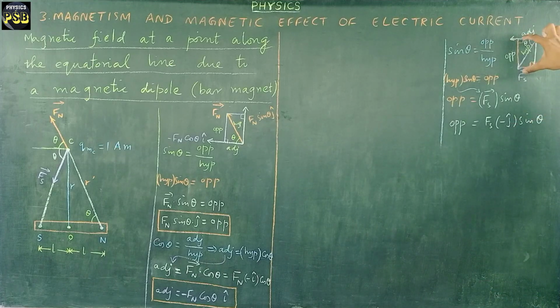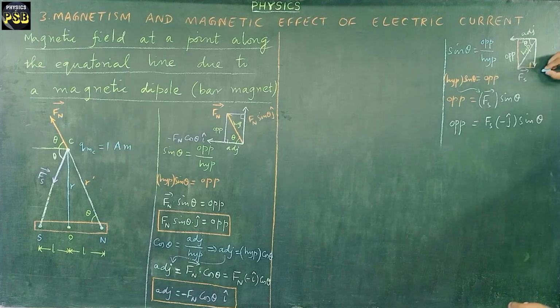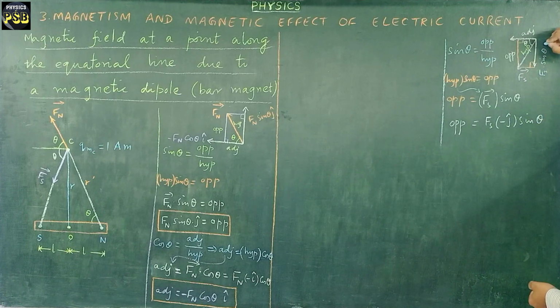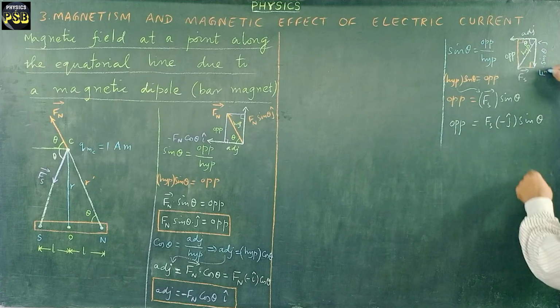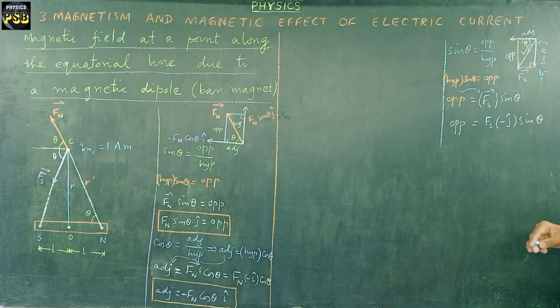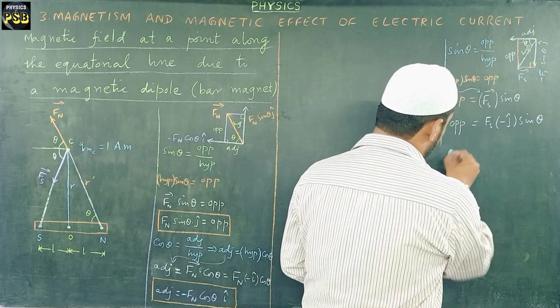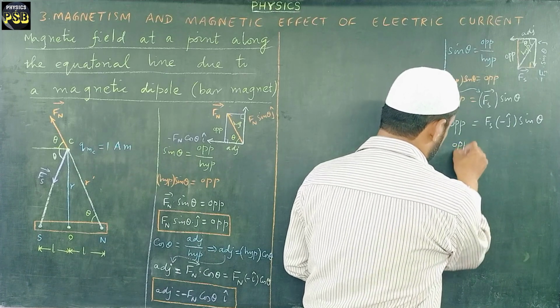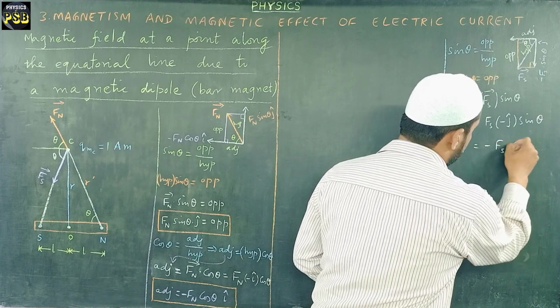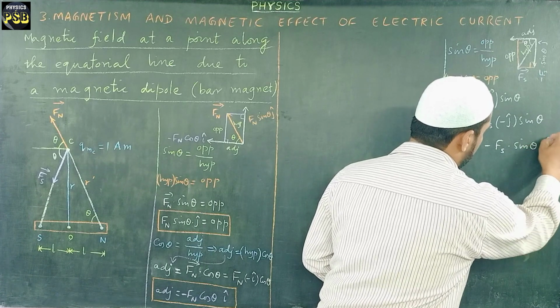Now, if the value of this line is this much, then this parallel will also have the same value. So I write it as Fs sine theta multiplied with j cap. I write a minus in here. This is the vertical component. Then I'll get the horizontal component. Now, before doing so, just box this. Opposite side is equal to minus Fs sine theta j cap.